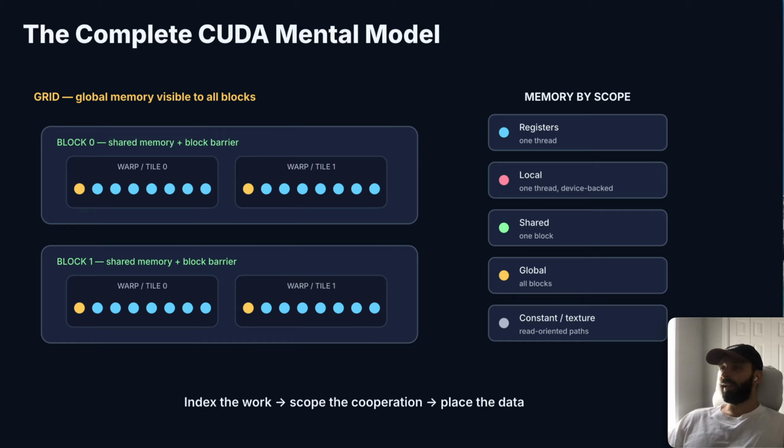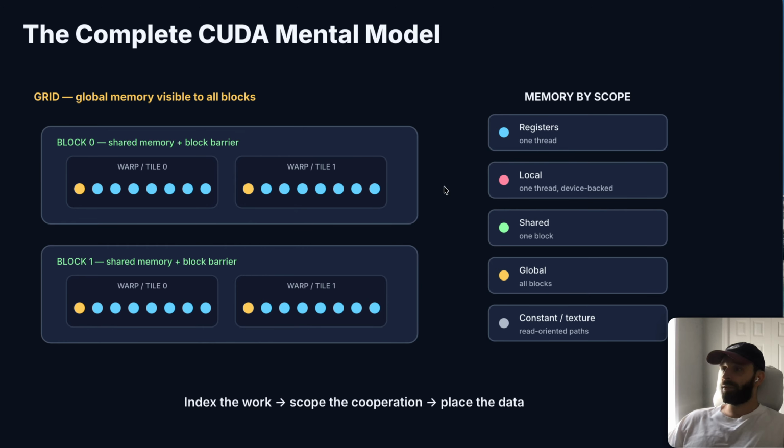The thread and block indices tell each thread where the work that it owns is, and threads cooperate inside a block through shared memory and block-scope synchronization. Cooperative groups can make that scope more precise by naming a tile, a block, or in some cases a larger group. And this memory by scope is really important. I'll show you where you can memorize this in a second.